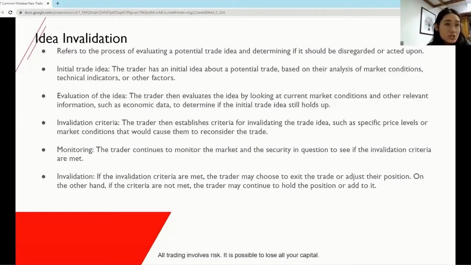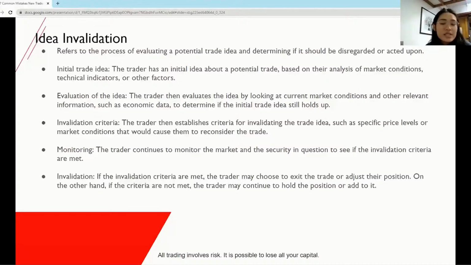So we have the initial trade idea. The trader has an initial idea about a potential trade based on the analysis of market conditions, technical indicators, or other factors. And then we have the evaluation of the idea.